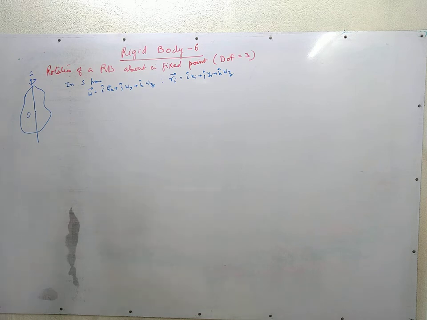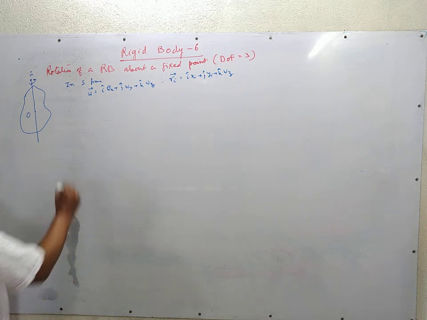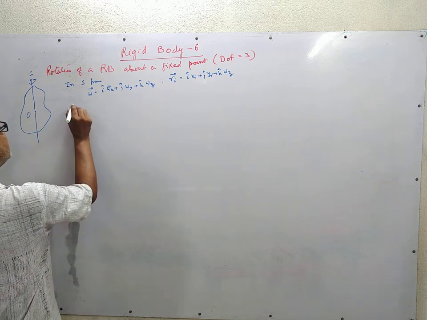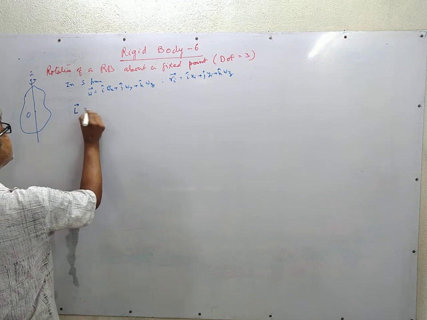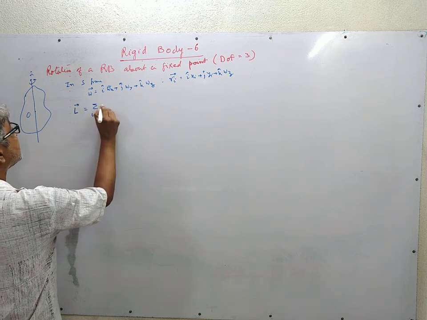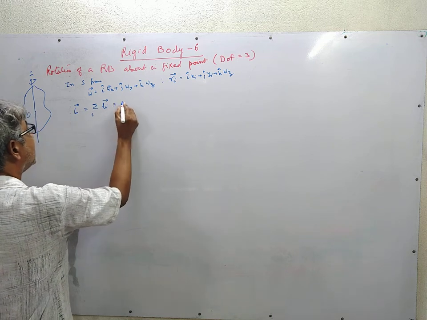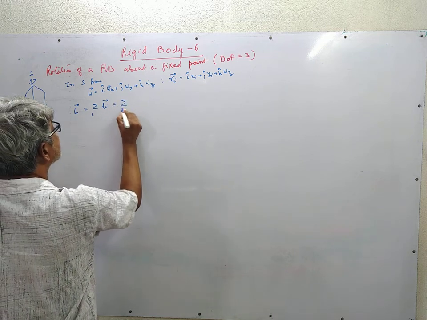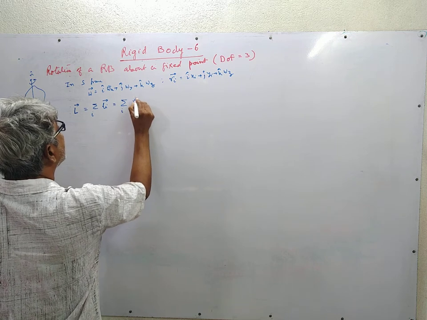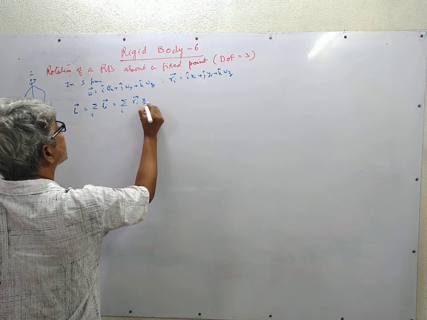So if we want to calculate the rotational aspect, the first quantity that we want to calculate is the angular momentum. The angular momentum L, we start with the basic definition: summation over i of Li, the individual angular momentum, equal to summation over i of Ri cross mi Vi.